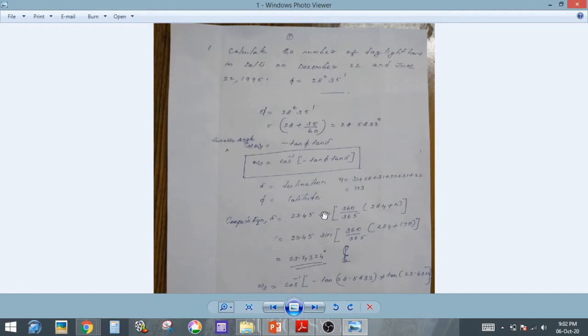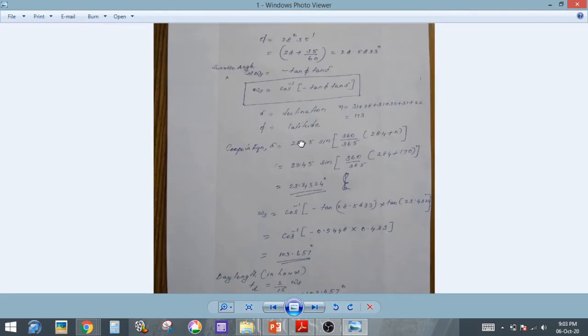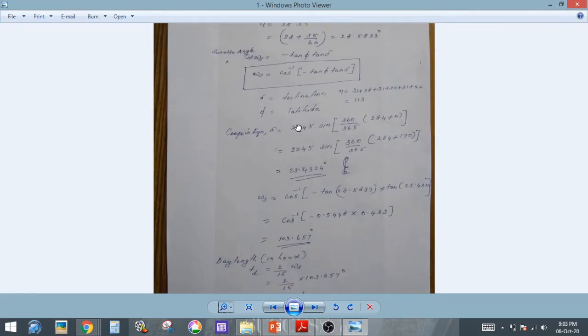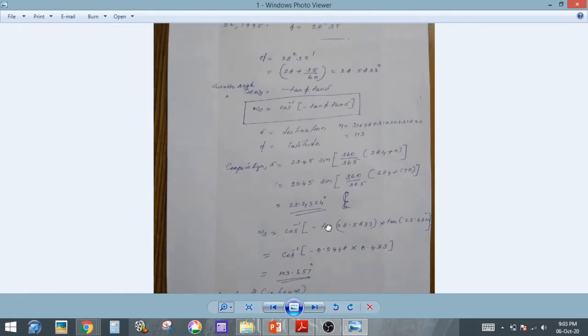We have to calculate the number of daylight hours. Before going to the calculation of day length hours, we know day length hours TD equal to 2 by 15 omega s. So we have to know the value of omega s.